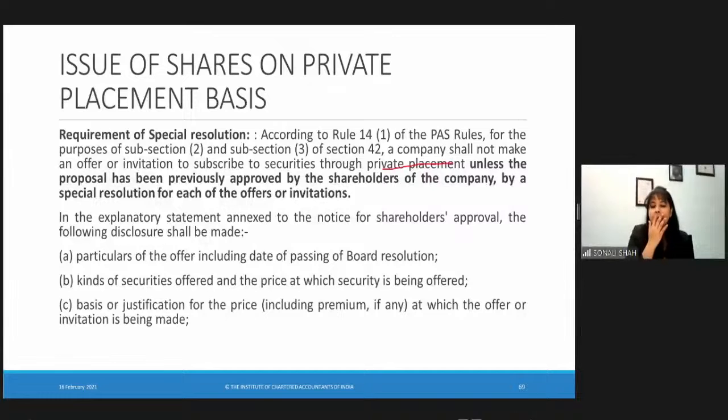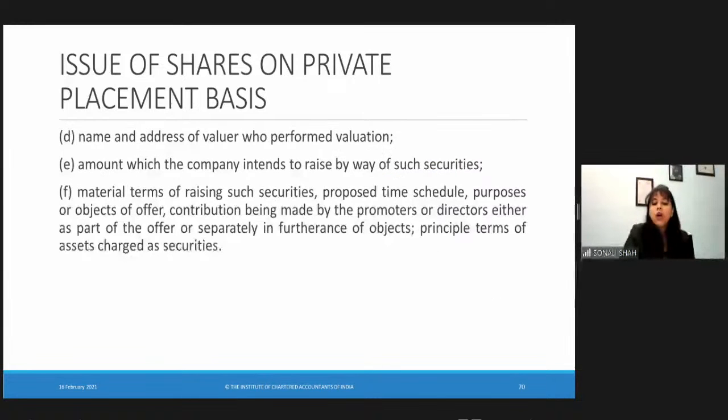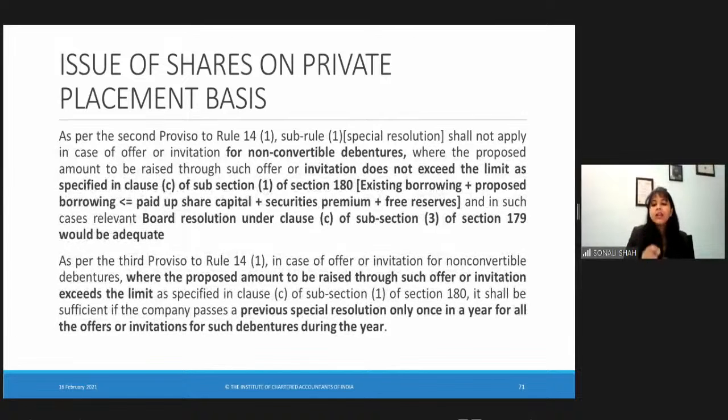However, there are certain situations where special resolution might not be needed. What are those situations? Where the company is making an invitation for non-convertible debentures and the amount that it is trying to raise through those non-convertible debentures does not exceed the limit that is provided in section 180(1)(c), right?